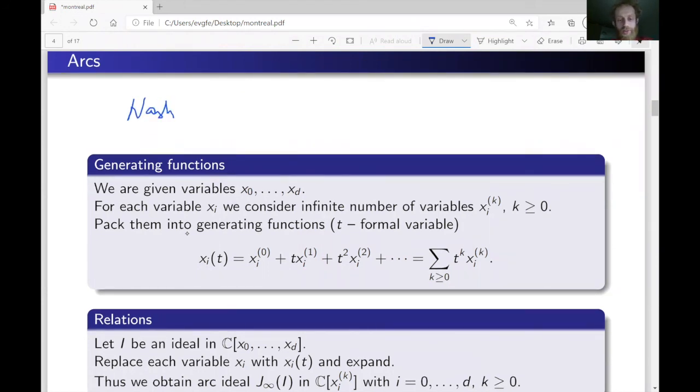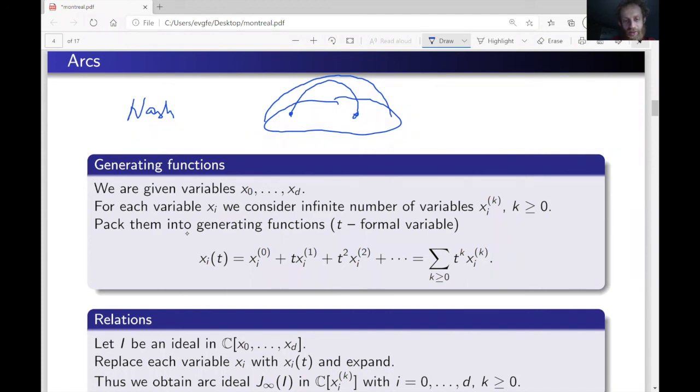He was doing some differential geometry, and he was thinking about some variety, and then arcs in this variety. Meaning that instead of considering just a point of the variety, I don't know how I should draw it, you have inside this variety an arc.